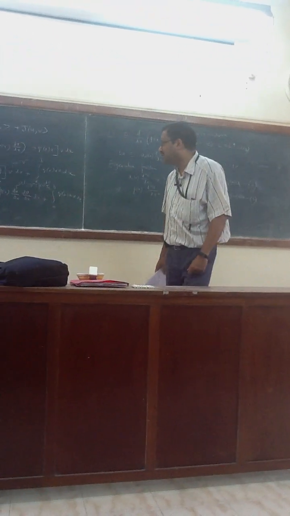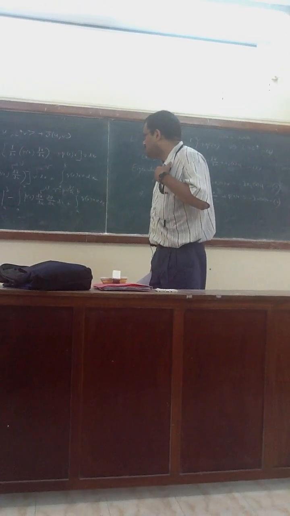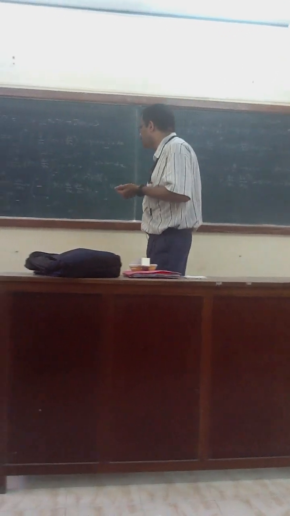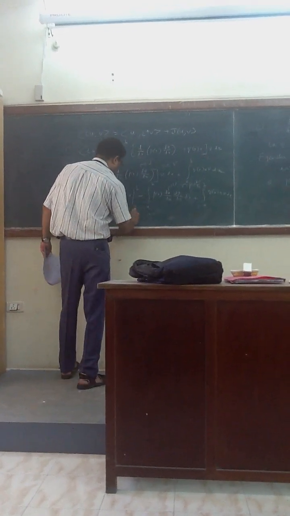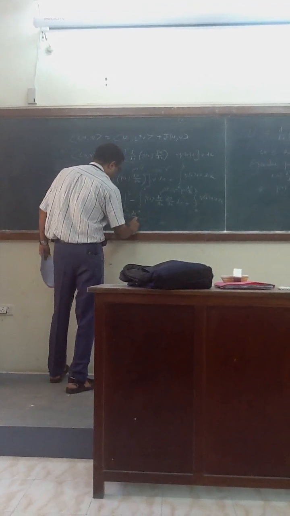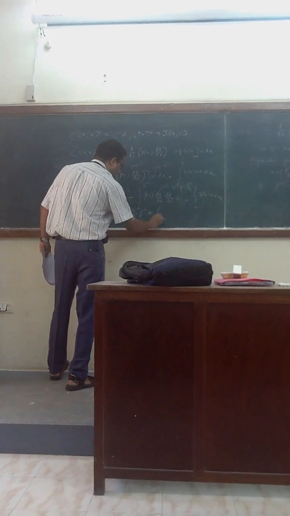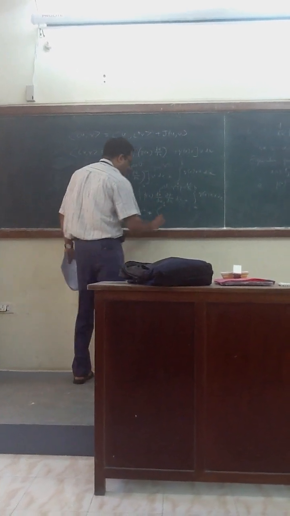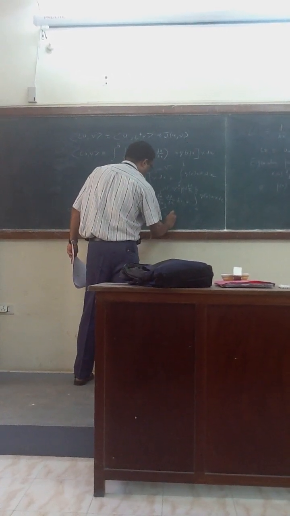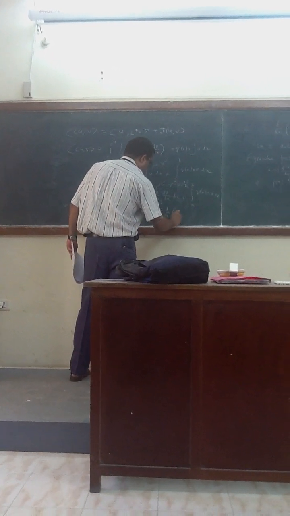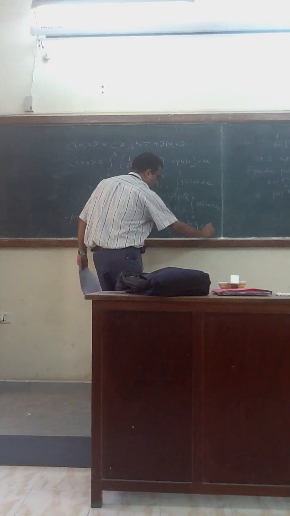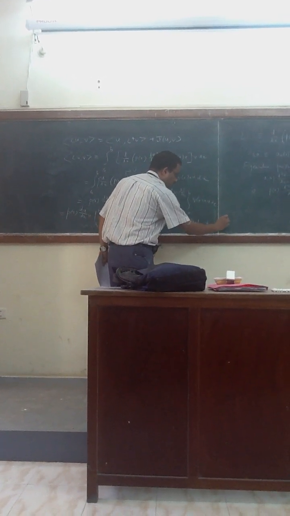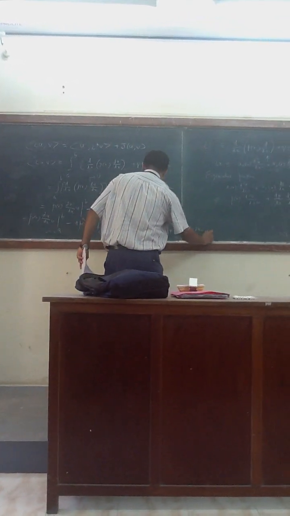What's the next step then? Why are you so slow? Minus u px dv/dx from a to b, plus the integral from a to b of u into d/dx of p of x dv/dx dx, plus the integral from a to b of qx uv dx.